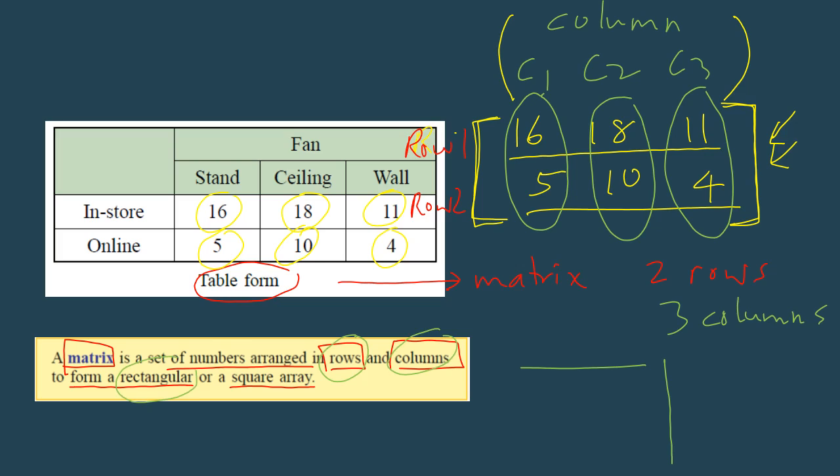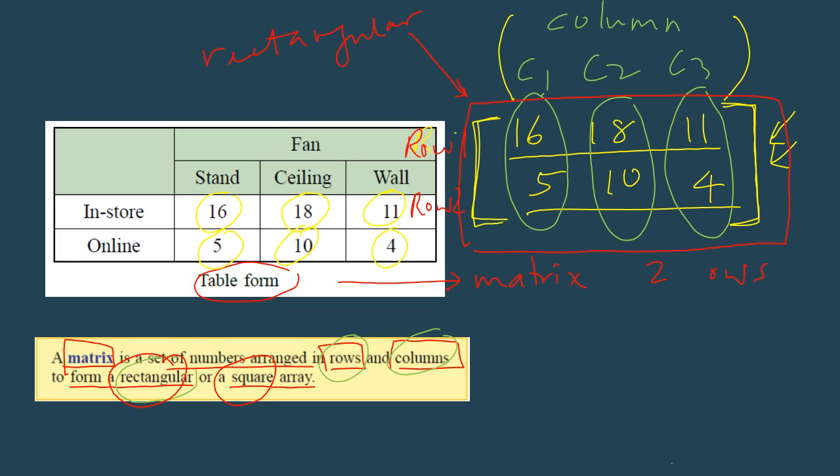The rectangular and square array, that means this type is a rectangular matrix. So what is a square matrix? Square is when you have the same number of rows and columns.